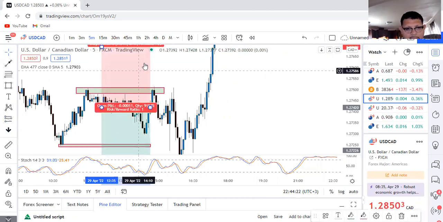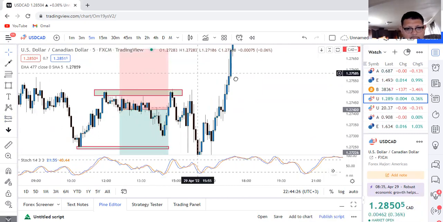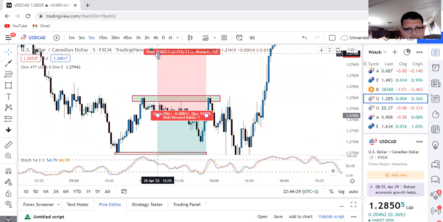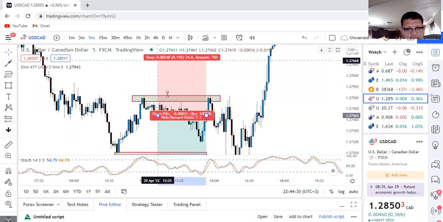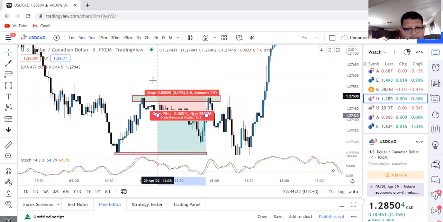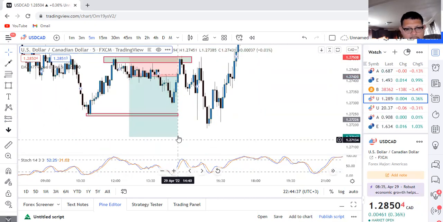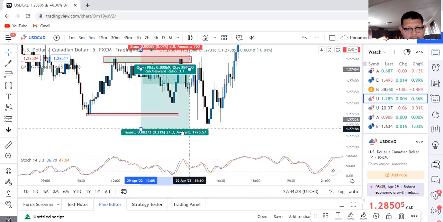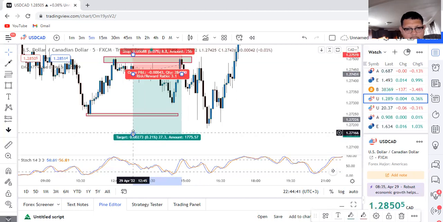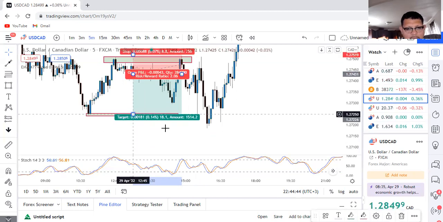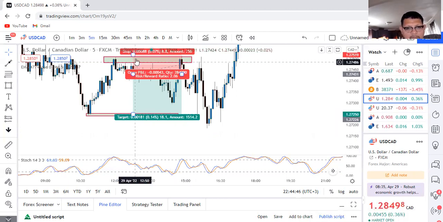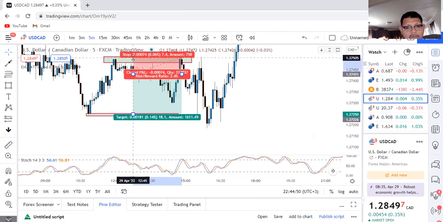Here. 18 pip stop loss, 18 pip take profit. 7 pip stop loss.